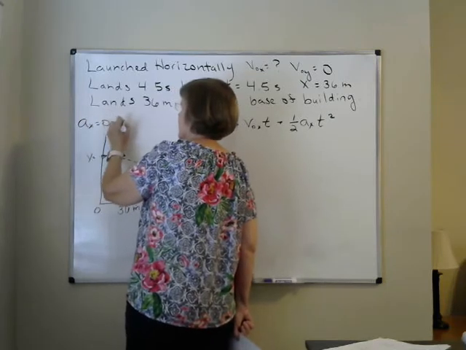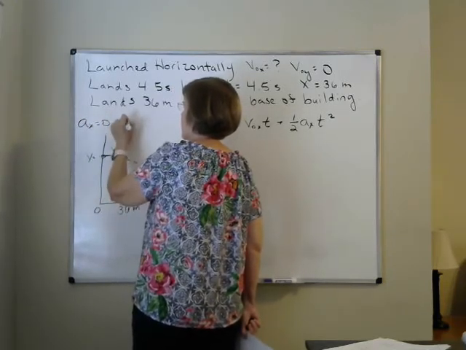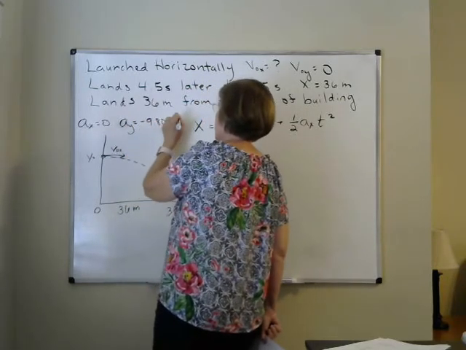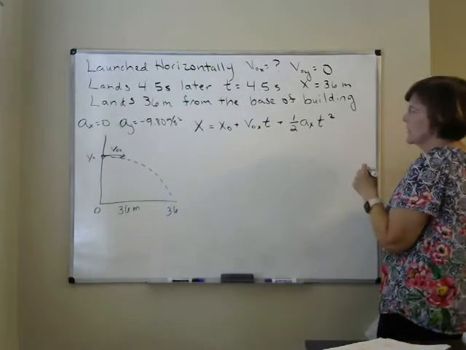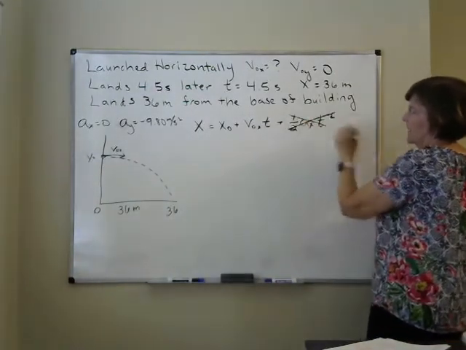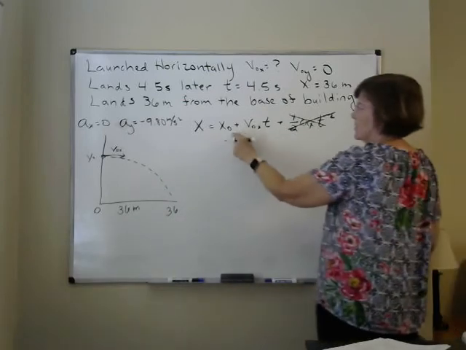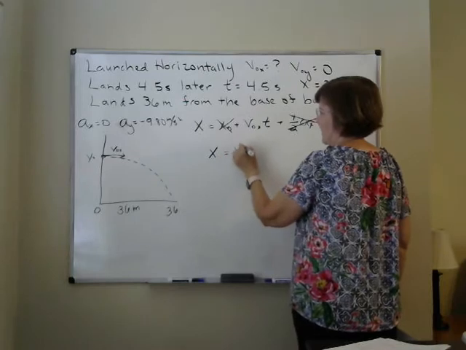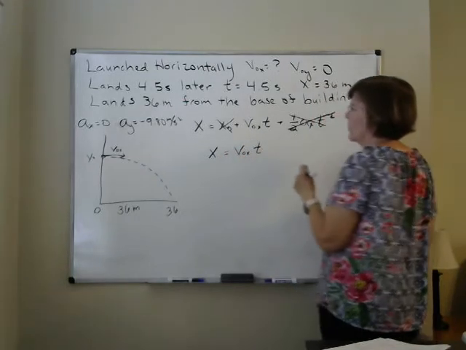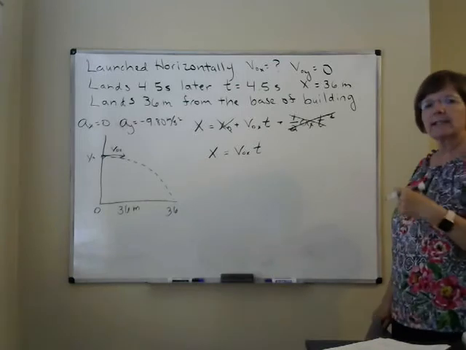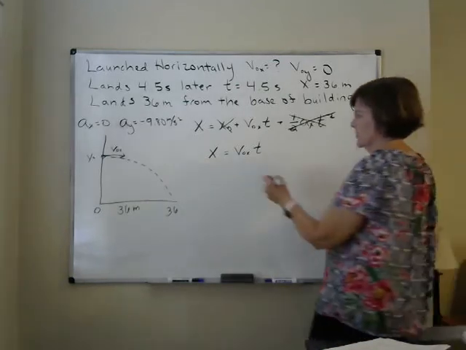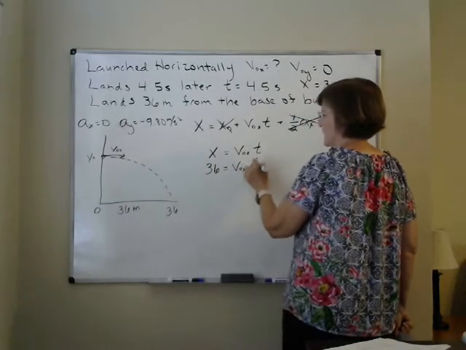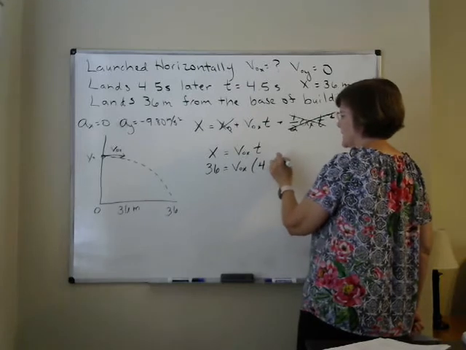AX is 0, AY is negative 9.80 meters per second squared. In other words, I know horizontally this goes away. I don't accelerate. I also know I start at 0. So my equation just looks like this. For horizontal motion, it's just distance equals rate times time. There's no acceleration. So 36 equals the initial velocity times the time, which was 4.5 seconds.